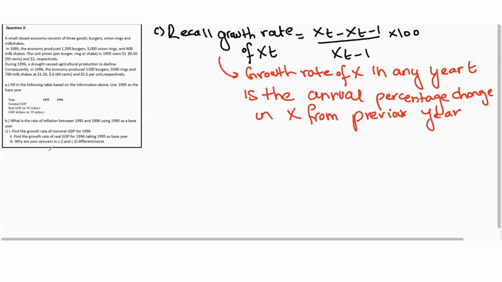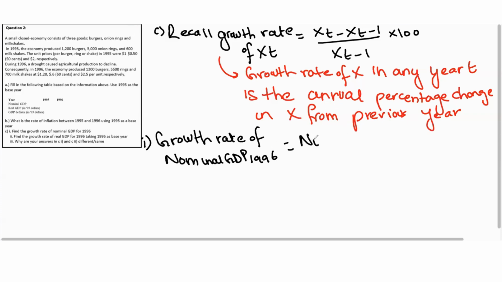Right, so using this, let's find the growth rate of nominal GDP in 1996. So part one is that you want to find the growth rate of nominal GDP in 1996. It's going to be the percentage change in nominal GDP from the previous year 1995.